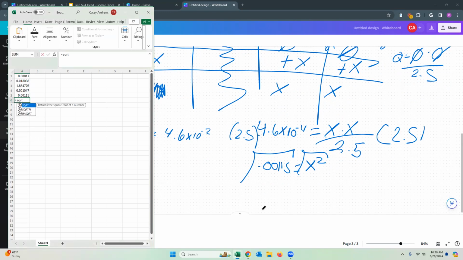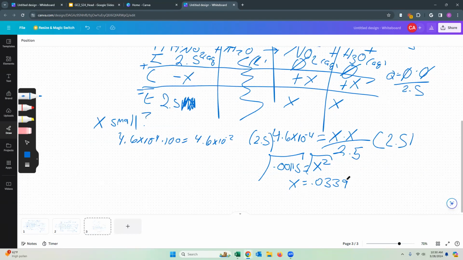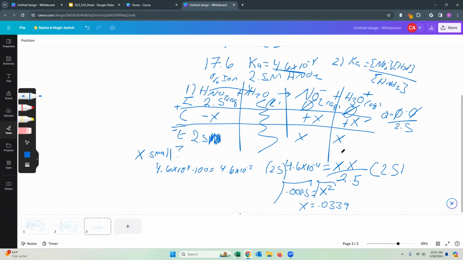So x equals 0.0339. So that's what x is. So at equilibrium, the amount of H3O we made was 0.0339. Again, small compared to 2.5. That's why our approximation is valid. Let me erase that line. Did not mean to make it.